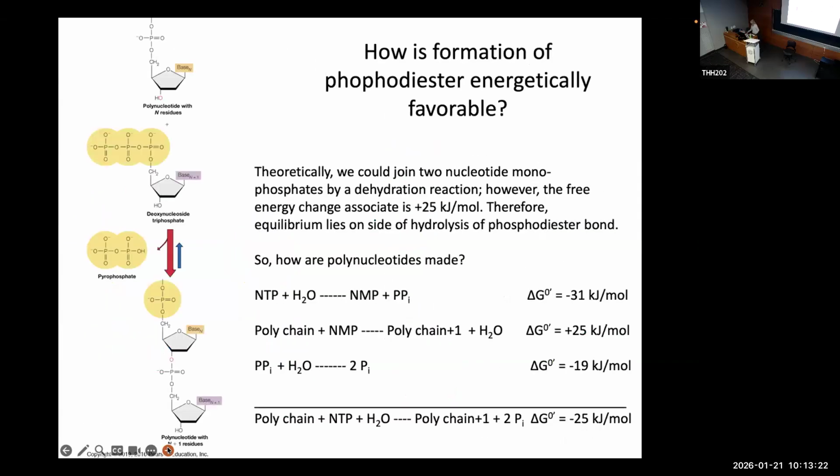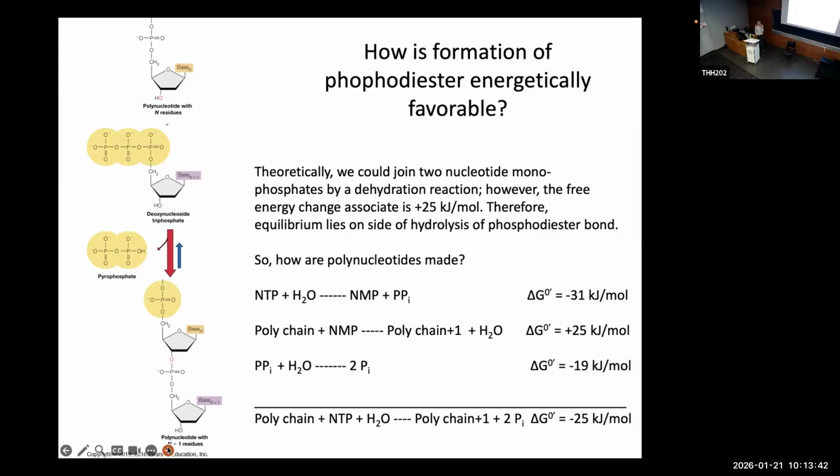Okay, so thinking about the energetics, bringing back our idea of energetics and thinking about how we can synthesize long strands of DNA or RNA, let's go at this and think about this process of synthesis.